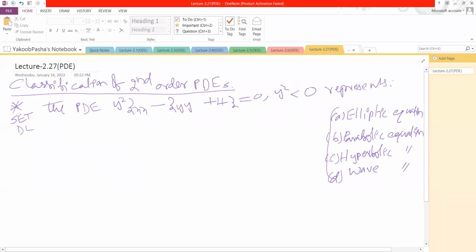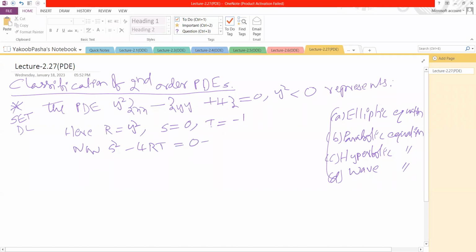Okay. As we know, we have to compare this equation with Rr plus Ss plus Tt plus f of x, y, z, p, q is equal to 0. So R is equal to y square, S is equal to 0, T is equal to minus 1. Now consider the difference S square minus 4RT.